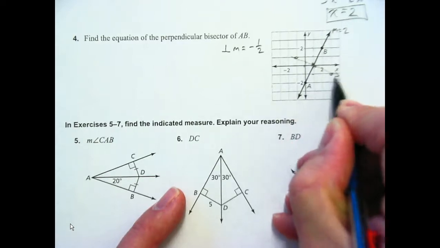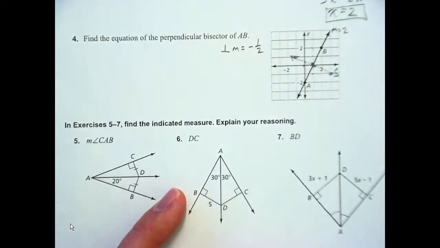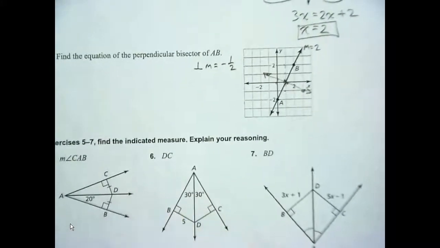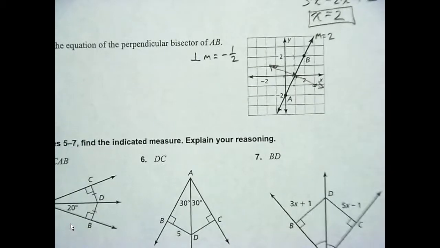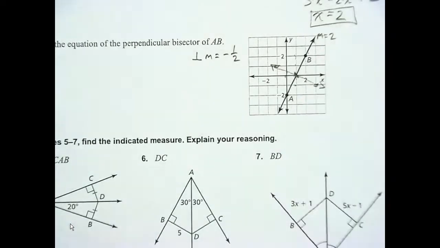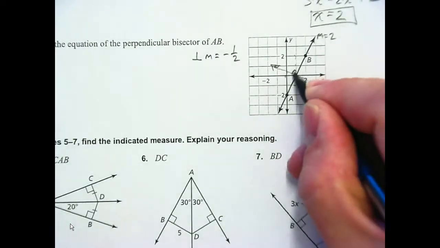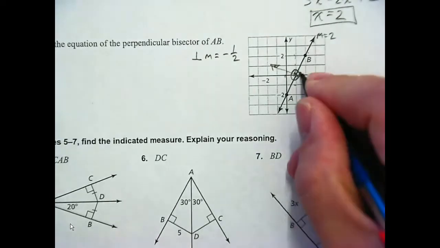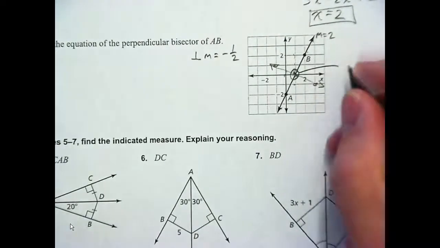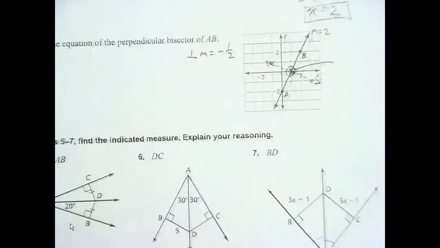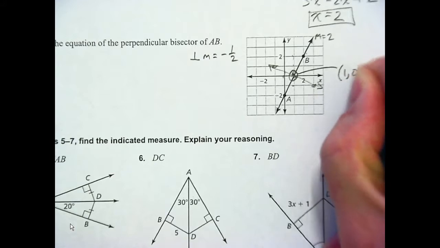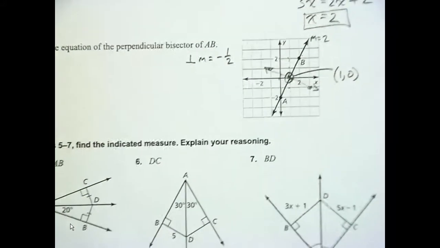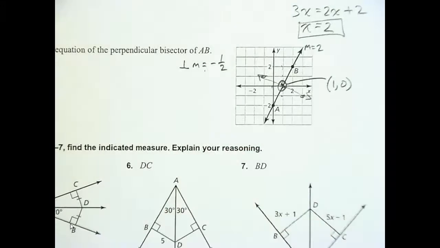However, it's kind of hard to tell what our y-intercept is by doing it that way. Okay, how could we find the y-intercept? Do we know a point on this line? Yeah. Point is right here. What's the coordinate of that? Okay, so write the equation of a line that goes through this point and has that slope.